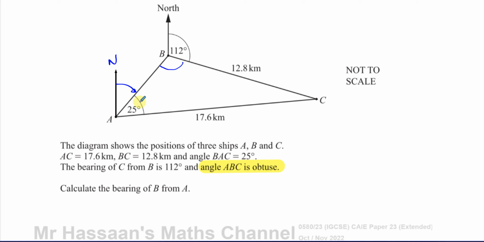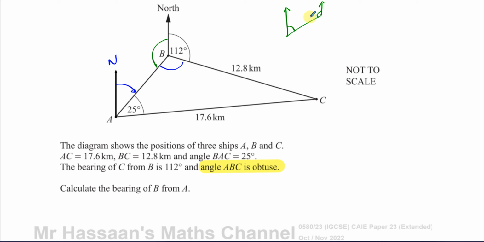So for us to find this angle here, we should really find this angle over here. If I find this angle, with this one they are supplementary, they'll add up to 180 degrees, because these two angles are interior angles.